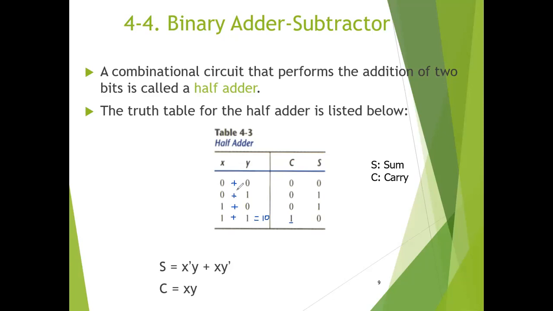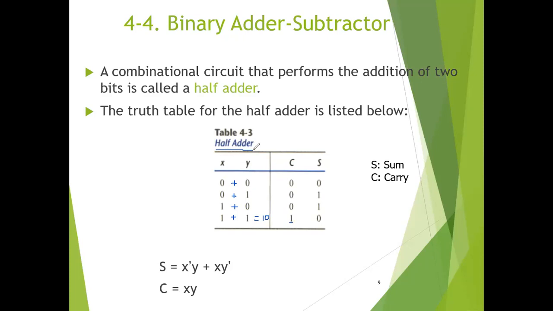A combinational circuit that performs the addition of two bits is called a half adder. If we increase the number of bits, the combinational circuit which will perform the addition of three bits, two significant bits and a previous carry, will be a full adder circuit.